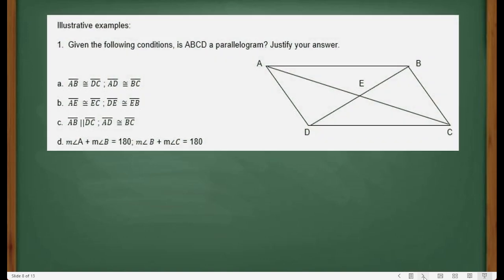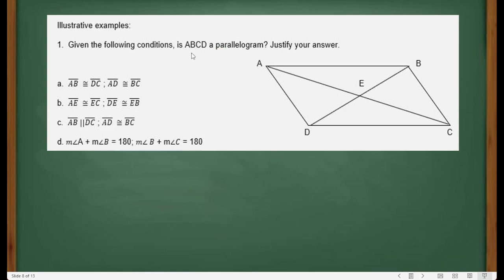Now, let us take some examples. We have here a given quadrilateral whose name is quadrilateral ABCD. And you will notice that in this quadrilateral, we have two diagonals, segment AC and segment BD, intersecting at point E. So let us try to answer this example.